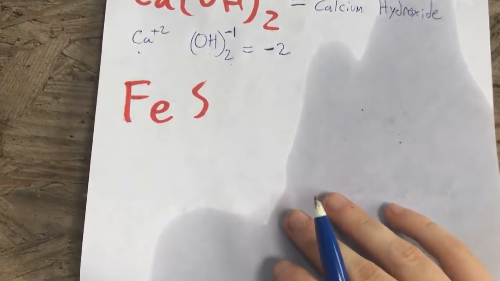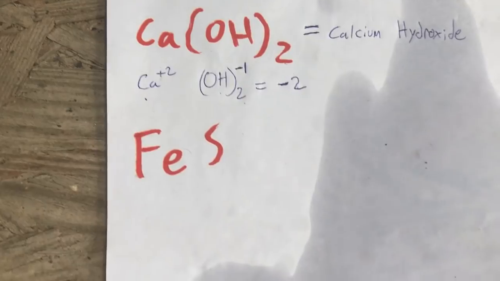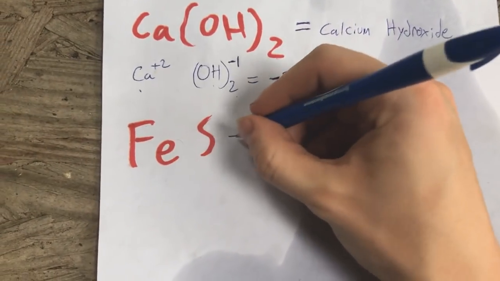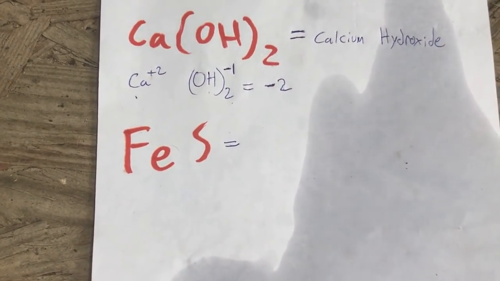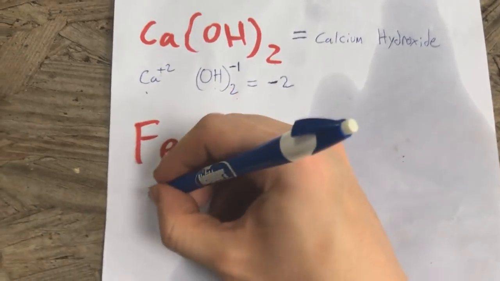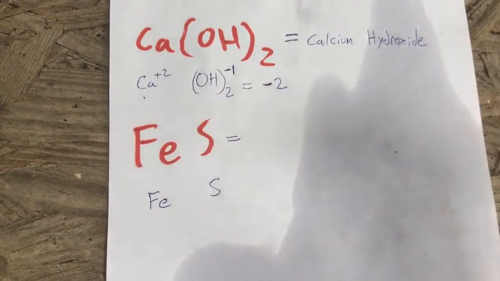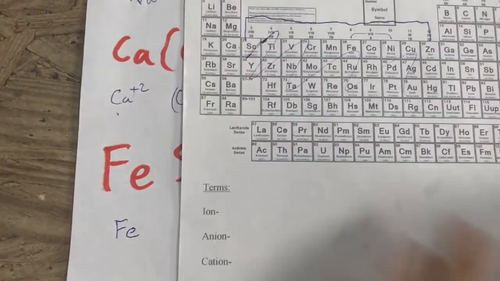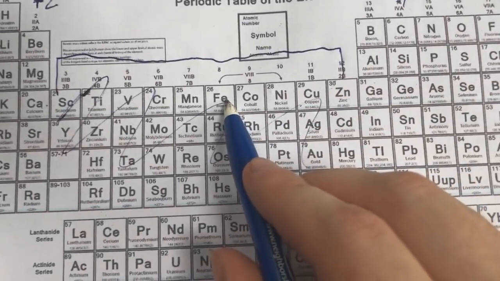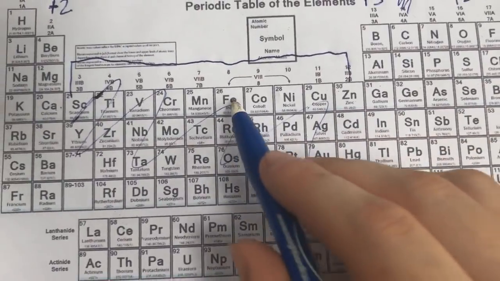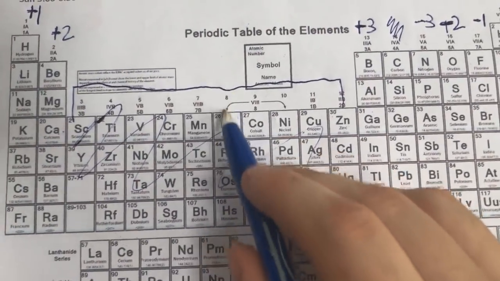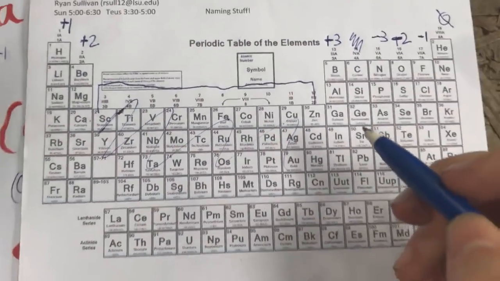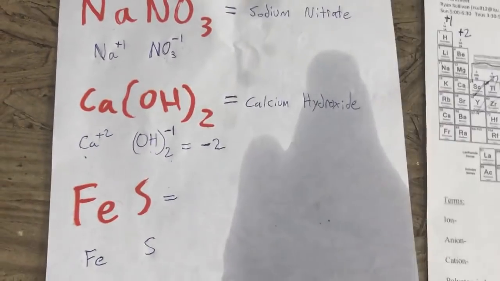Okay, so then we've got FeS2, or sorry, FeS. So this is another ionic name. So we have an Fe and we have a sulfur. So the problem here is that iron, Fe, that's a transition metal, something in the middle, something that can have a variable charge. I didn't give you a charge for the top of this column because it can be anything.